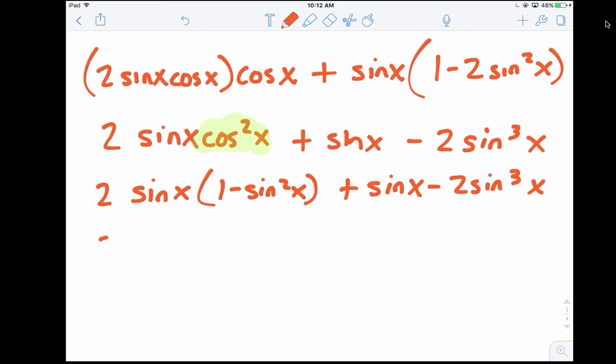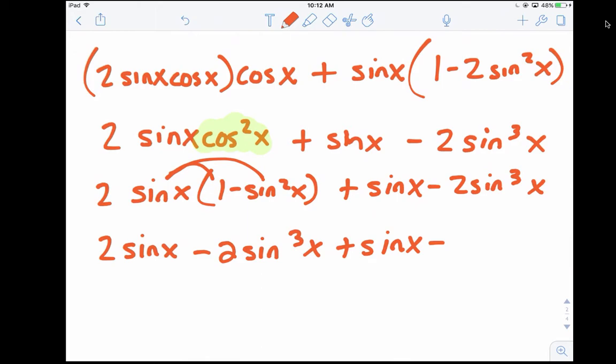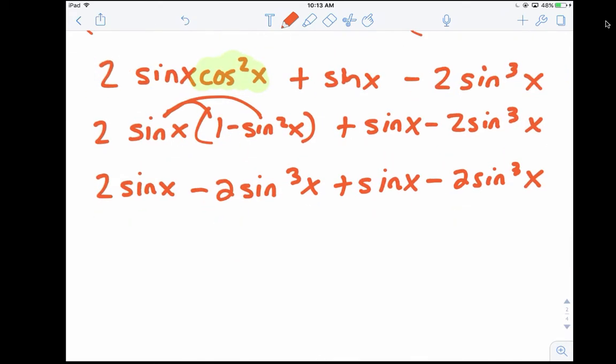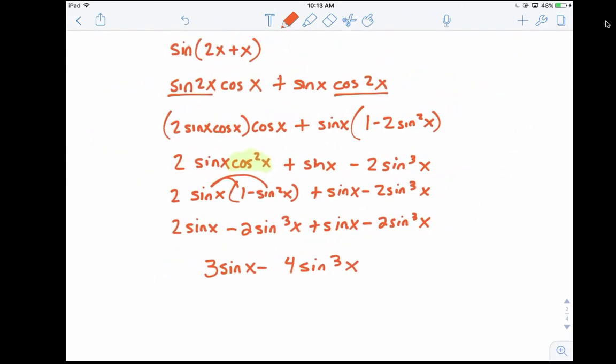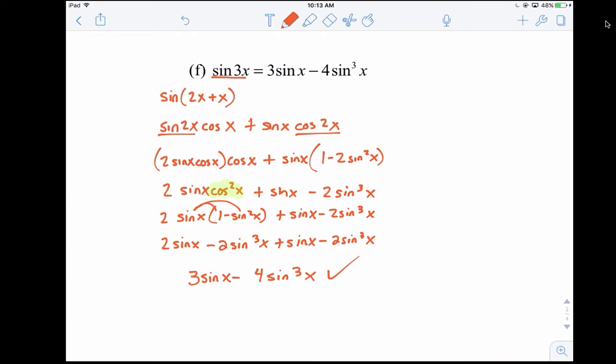Alright, so that's going to give you, when you distribute now, 2 sine minus 2 sine to the third plus sine minus 2 sine to the third. And then if you just combine your like terms now, you have 3 sine of x minus 4 sine to the third of x, which is what you needed on the other side there.